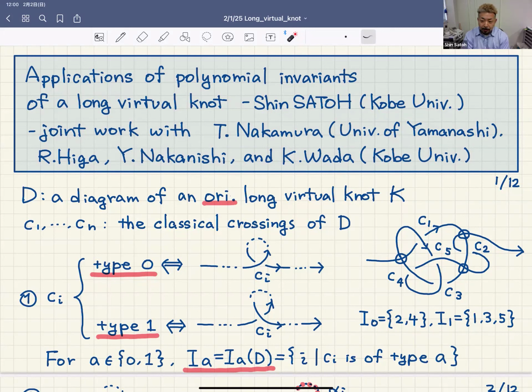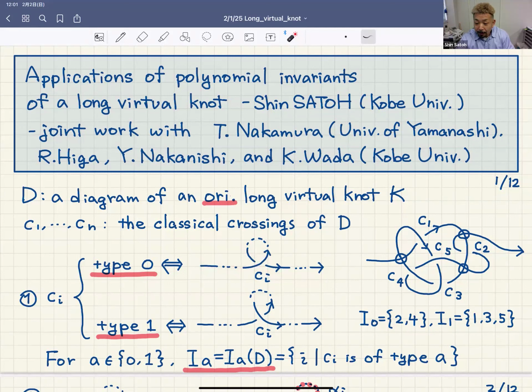When we walk along the diagram D with respect to the orientation, if we go over Ci first and then under Ci second, then the crossing Ci is of type 0.